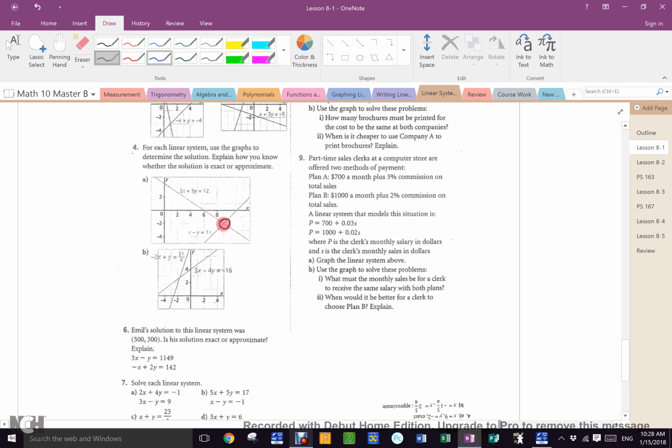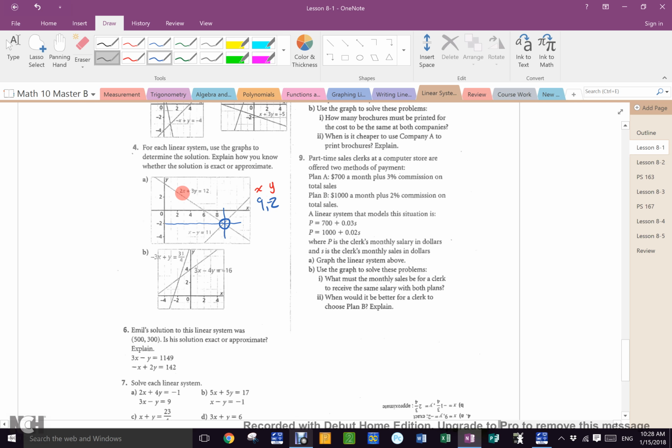It's tough to see. It looks to me like it's going through 9, 2, yes? So your guess is 9, 2. Now, if that's the solution, what do you know about 9? It's an X. What do you know about 2? It's a Y. Oh, it should be negative 2, right?